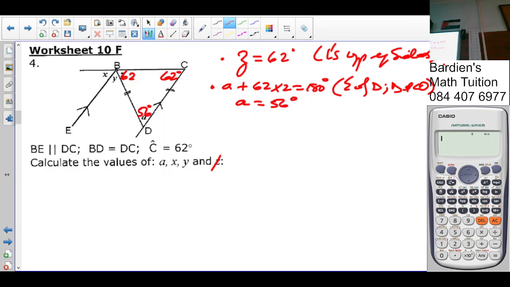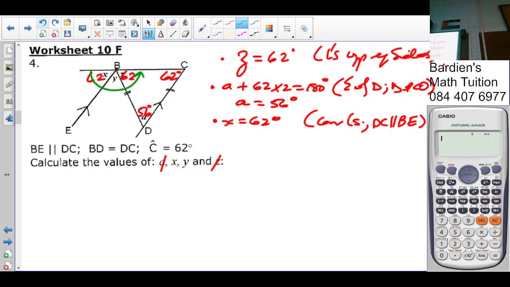What can be calculated now? X is corresponding. Nice. You all see the corresponding there? So X is equal to 62 degrees. Corresponding angles with DC being parallel to BE. The last one is angles in a straight line.